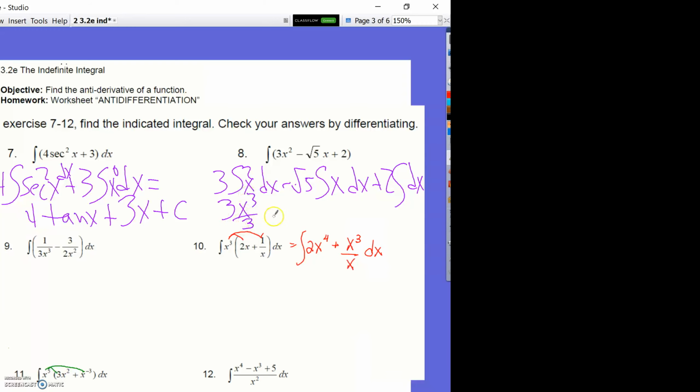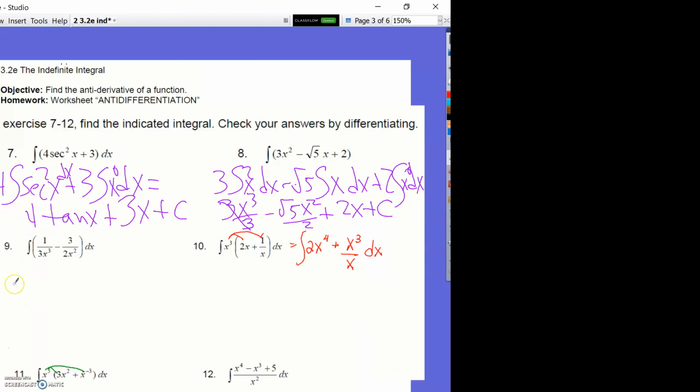Add 1 to the exponent, divide by the new exponent, minus square root of 5. X to the first becomes x to the second divided by 2. 2 in front of the integral sign with no variable is like x to the 0, so it's going to be 2x. Because I'm adding 1 to 0, I get 1. Divide by 1, it still leaves 2x. Plus c. The only thing we'd have to do here to simplify is divide 3 by 3 to get x cubed as the first term.